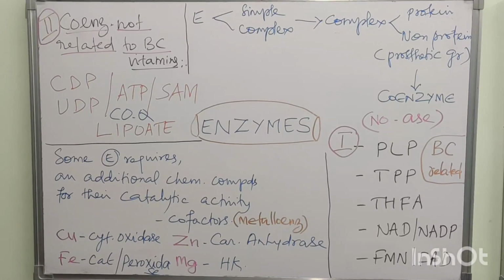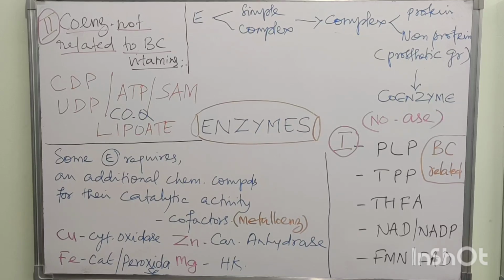B1 is thiamine, so the coenzyme is thiamine pyrophosphate. For B9, folic acid, the active coenzyme form is tetrahydrofolic acid. For B3 and B2, niacin and riboflavin, the coenzymes are NAD, NADP, FMN and FAD. So these are the examples for the B complex related vitamins, right?